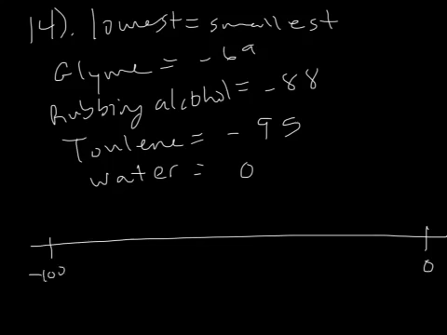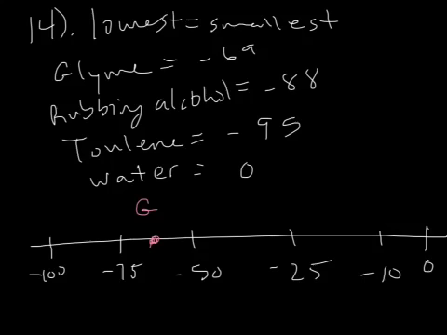Negative 100. If you want to really get serious about it, you can just start counting by 25s. And just for the heck of it, we'll do negative 10. Alright, sweet. So let's start with negative 69. Okay, negative 69, glycine is going to be somewhere around here. So I put G for that one.